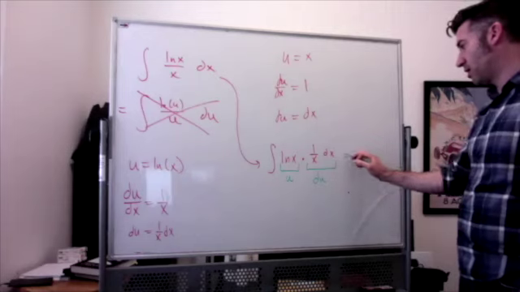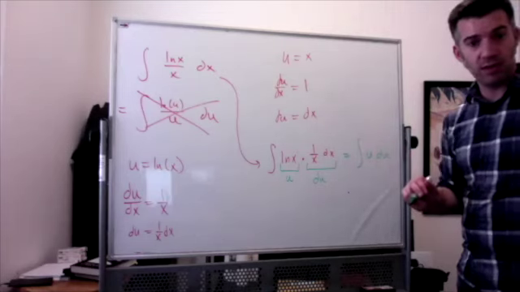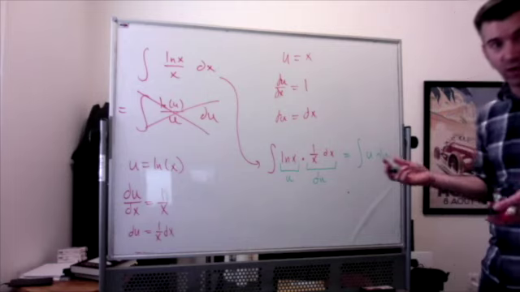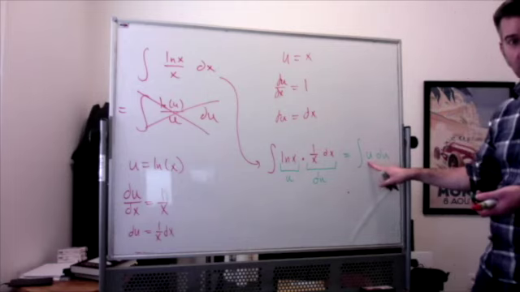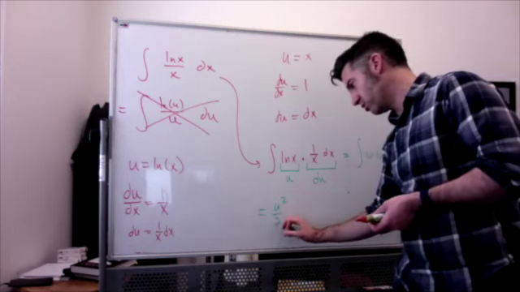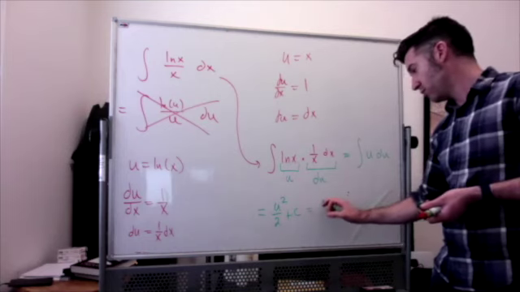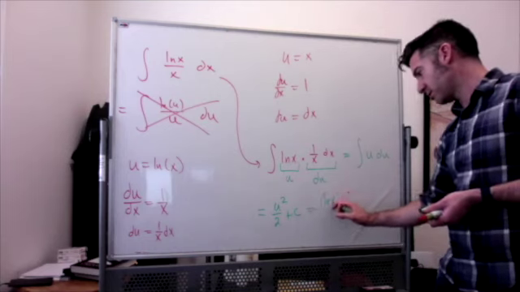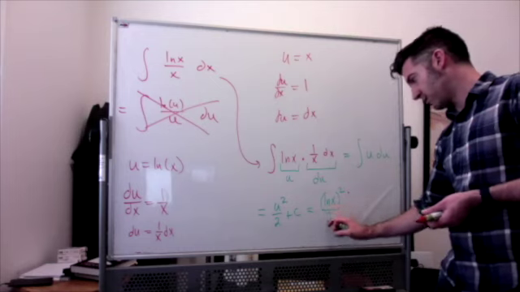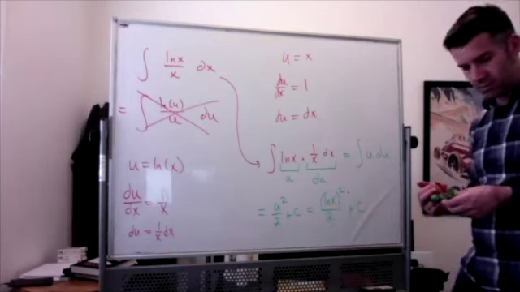So this is going to become the integral of u times du. Again, this is just instructions. We're saying anti-differentiate u. Well, the antiderivative of u is u squared over 2. And then we plug back in what u is equal to, which is the natural log of x. So natural log of x quantity squared over 2 plus c.